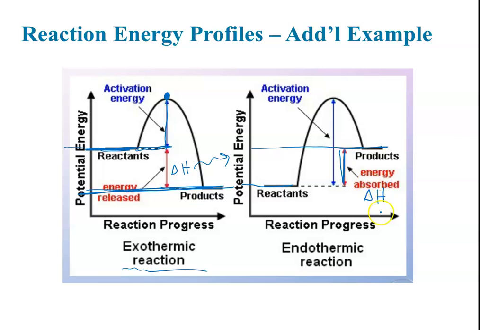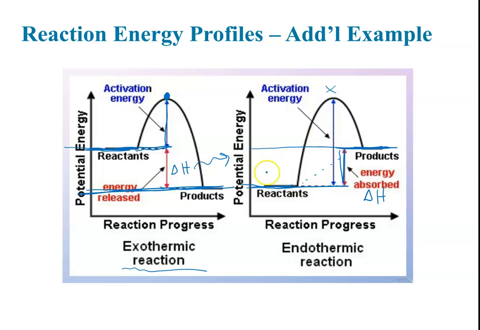But you can see, though, that in order to go from reactant to product, irrespective of this activated complex, you have to add energy to this reaction in order for the products to be formed, okay? And so this is an endothermic reaction. In an endothermic reaction, though, look, you have your reactant level here.